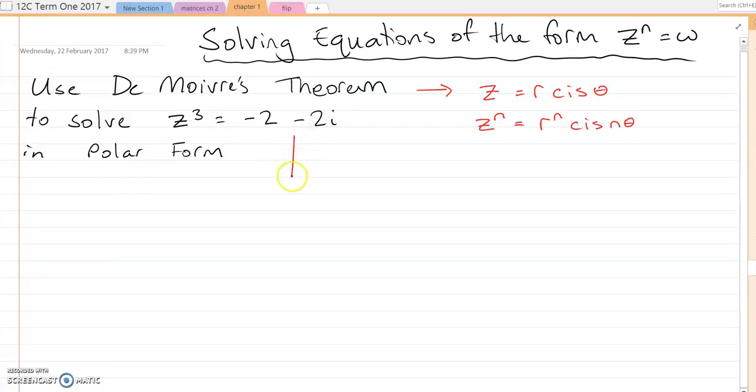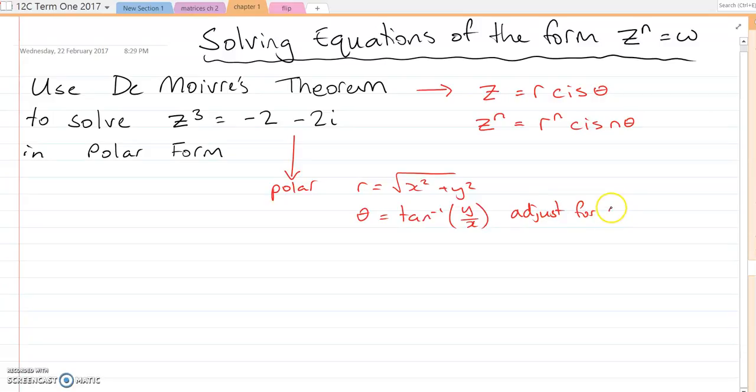So first let's put this into polar form. Polar form: r is going to be the square root of x squared plus y squared. Theta is going to be inverse tan of y over x, and we're going to adjust for quadrant.